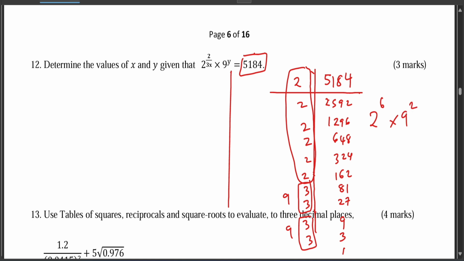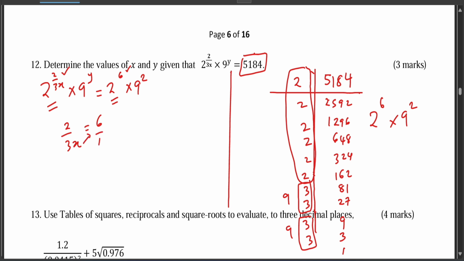So I rewrite the equation as 2 to the power of 2 over 3x times 9 to the power of y is equal to 2 to the power of 6 times 9 to the power of 2. So you just equate the powers. 2 over 3x is equal to 6, cross multiply.